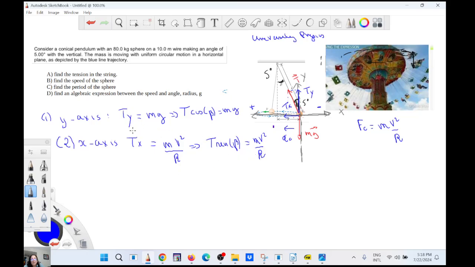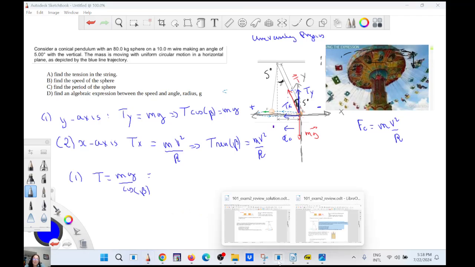Now let's look at the equations. Find the tension. If I want to find the tension, I can use these equations. From equation 1, the tension will be mg over cosine beta.